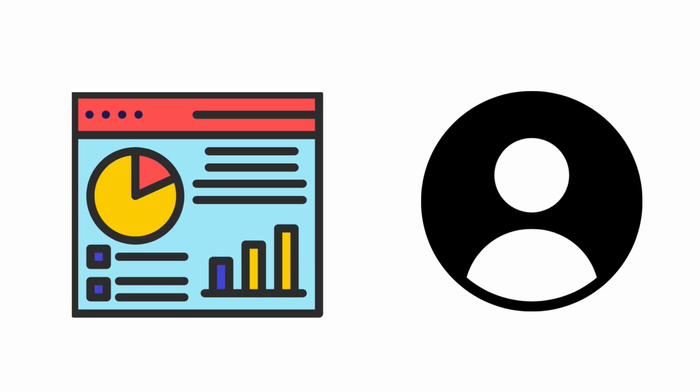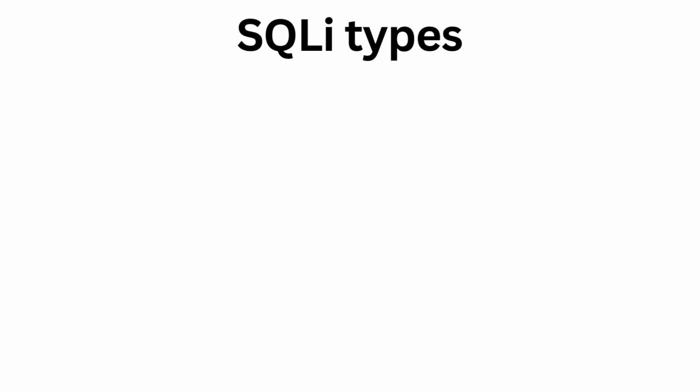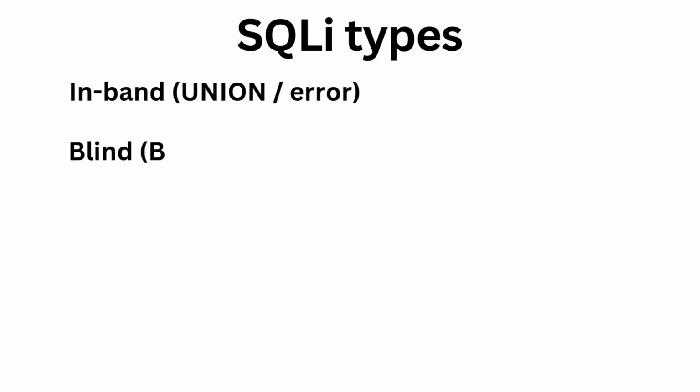Now let's move to some important SQLi types, that is in band, that is union or error. The results are returned in the response, that is easy to detect. The next one is blind, that is boolean or time based. Here no direct output is shown on the page, so you need to check the page behavior or timing.